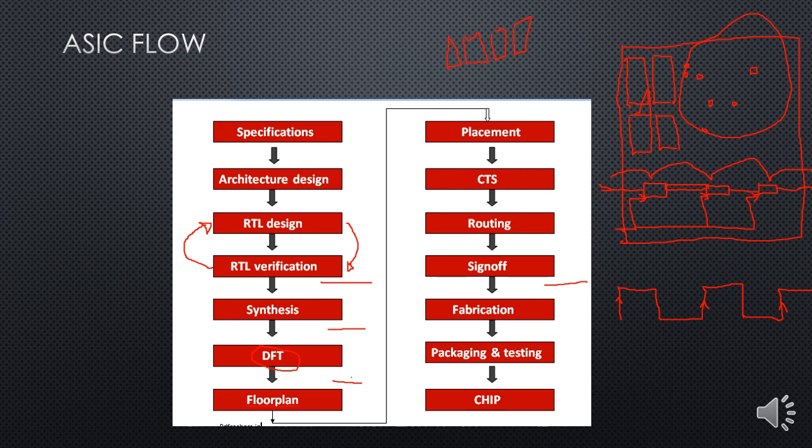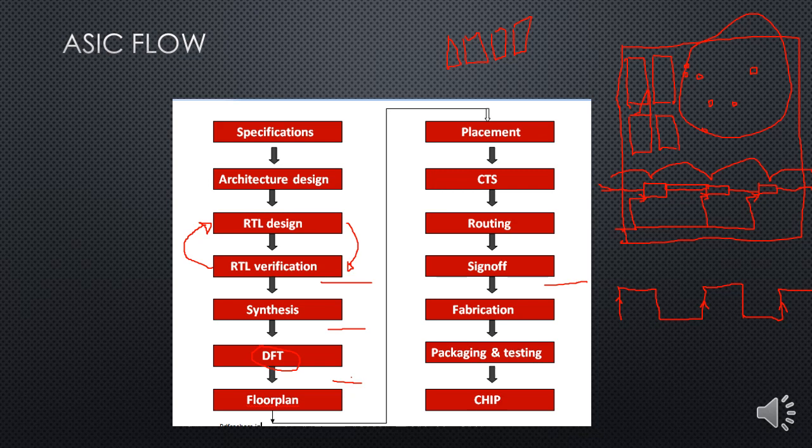With the tape out, the work of the PD engineer will finish. Once the tape out is done, the data is sent to the foundry for fabrication. Some steps are involved in the fabrication, and it is fabricated and the IC will be out.